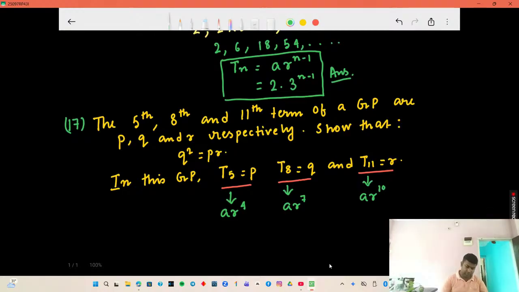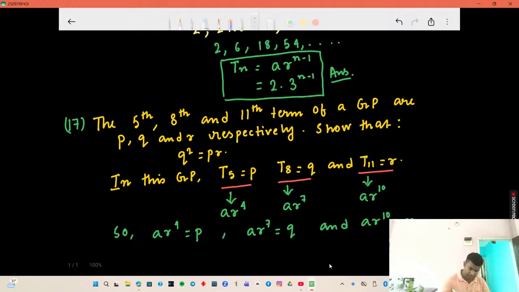So we can write here A into r to the power 4 is equal to P, A into r to the power 7 is equal to Q, and A into r to the power 10 is equal to R. Is it clear to you? So now how we can solve this problem?